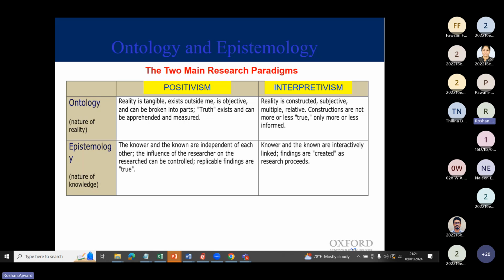I told you experimental design is the best type to establish cause and effect, and on the other hand, the easiest type of research to be done is the cross-sectional design. That we also understood. Then I came to a very important point where we are now in this slide: there are 2 research paradigms, 2 schools of thought, 2 religions in terms of research: positivism and interpretivism.